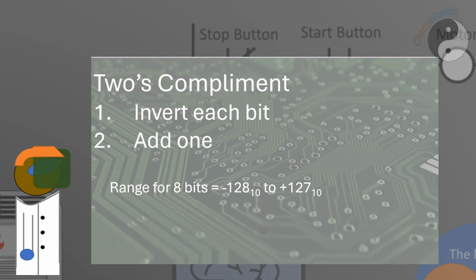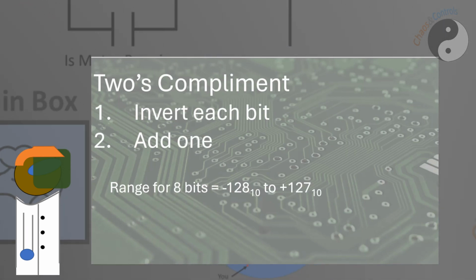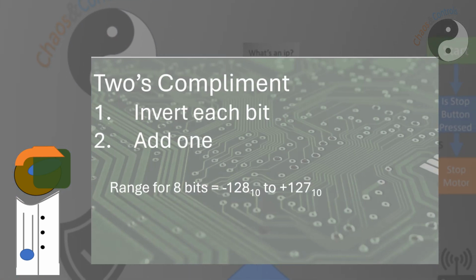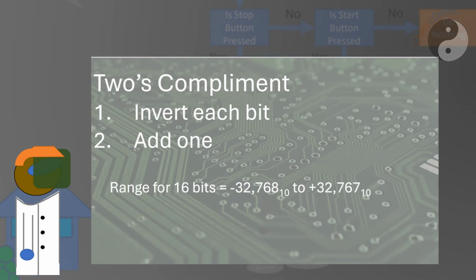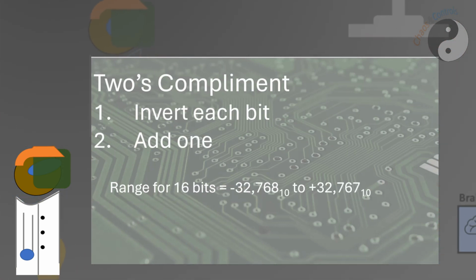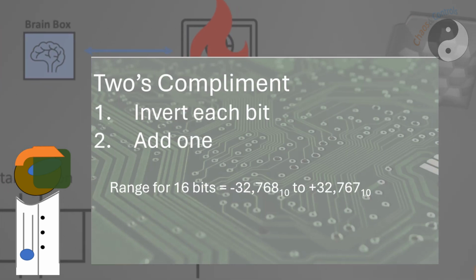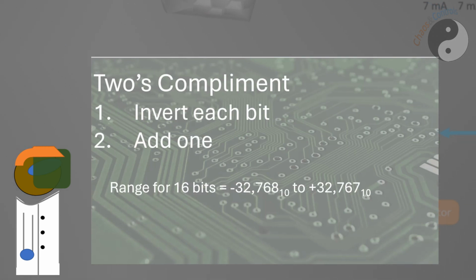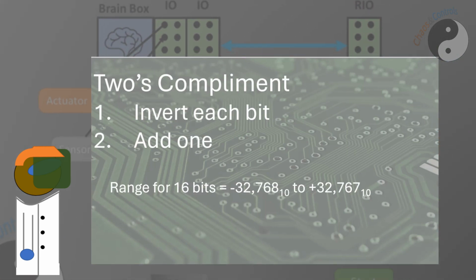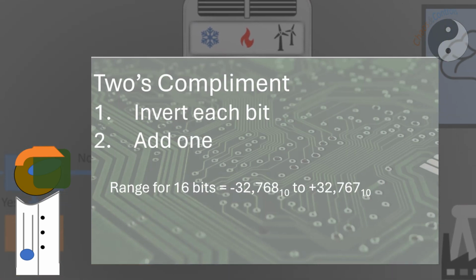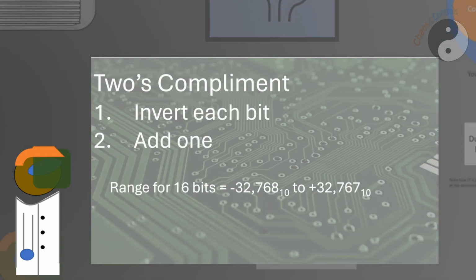I always get one additional negative number because we dropped the negative 0, and just as a consequence of how the math works out, it always ends up on the negative side. 16 bits, same thing, negative 32,768 to positive 32,767. So the larger your registers, the less of an effect it has, but still nonetheless, you always end up with a single extra integer on the negative side.